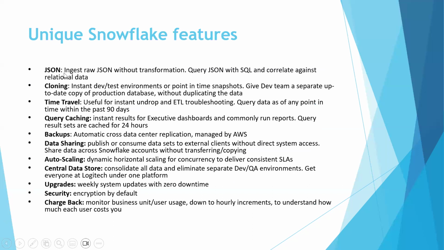JSON data we can load without any transformation, or XML data or any kind of data. Normal traditional databases, if you see, we need to store the data first and then we need to use it. Or we need to convert this JSON data into a structured form, and I need to load it into a table and I can use it. But in Snowflake, it is not mandatory to convert the data into a form.